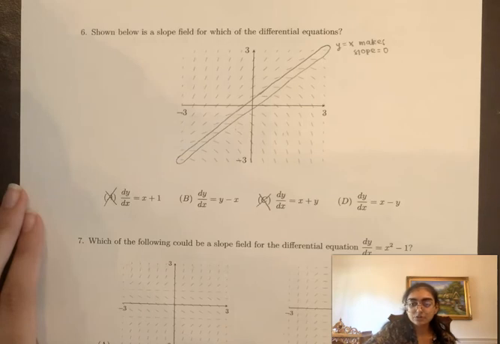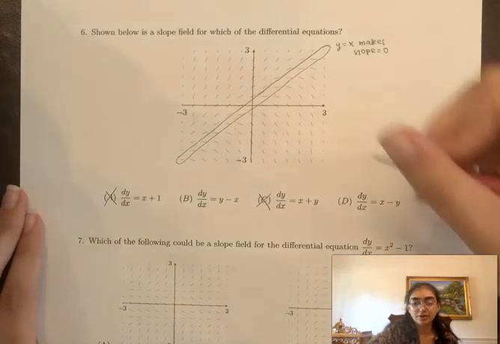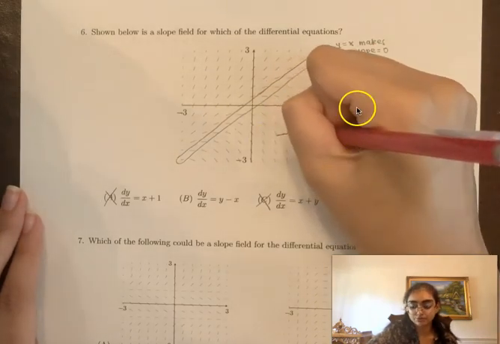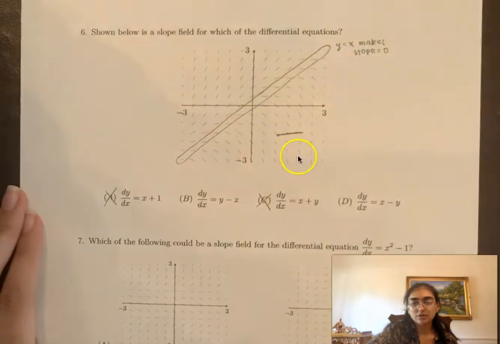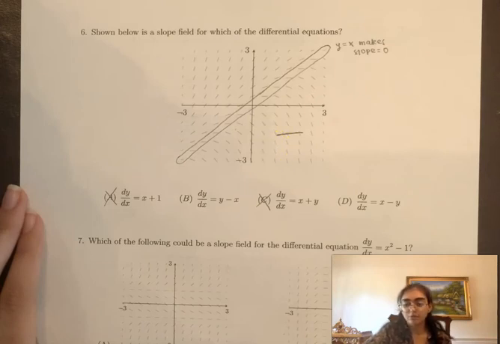So now we're stuck between B and D. To decide whether it's B or D, we're going to generalize about the slope of this fourth quadrant. Since all of the line segments in the fourth quadrant are sloping in the negative direction, we're going to assume that the general slope for that quadrant is negative.